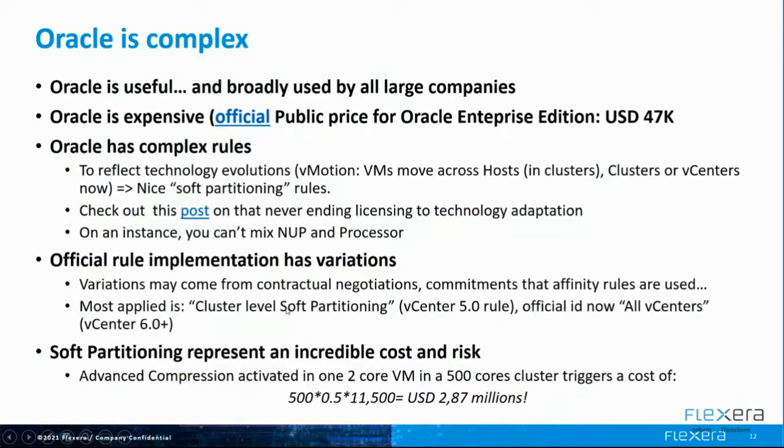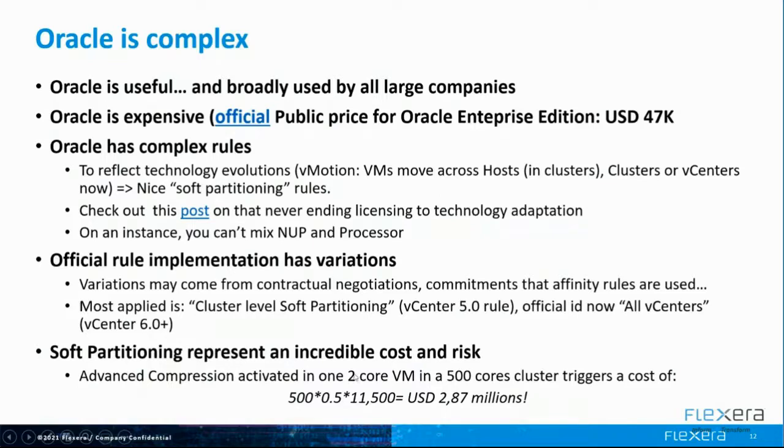One VM on a cluster triggers the full consumption for the cluster, or is it the vCenter, which is normally the official rule since a good 5 years? In the end, Oracle has an official rule and applies, I would say, in 99% of cases, a different rule with customers. And this is one more complexity, and the license calculation will use the cluster level license.